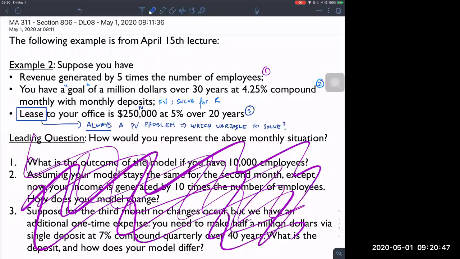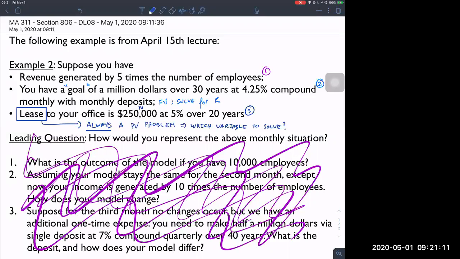That's what your lease is worth. You can't all of a sudden tell me it's a present value problem and we're solving for the present value, unless you're telling me that your lease equates to having $250,000 payments every month, which is ridiculously high for a piece of property.